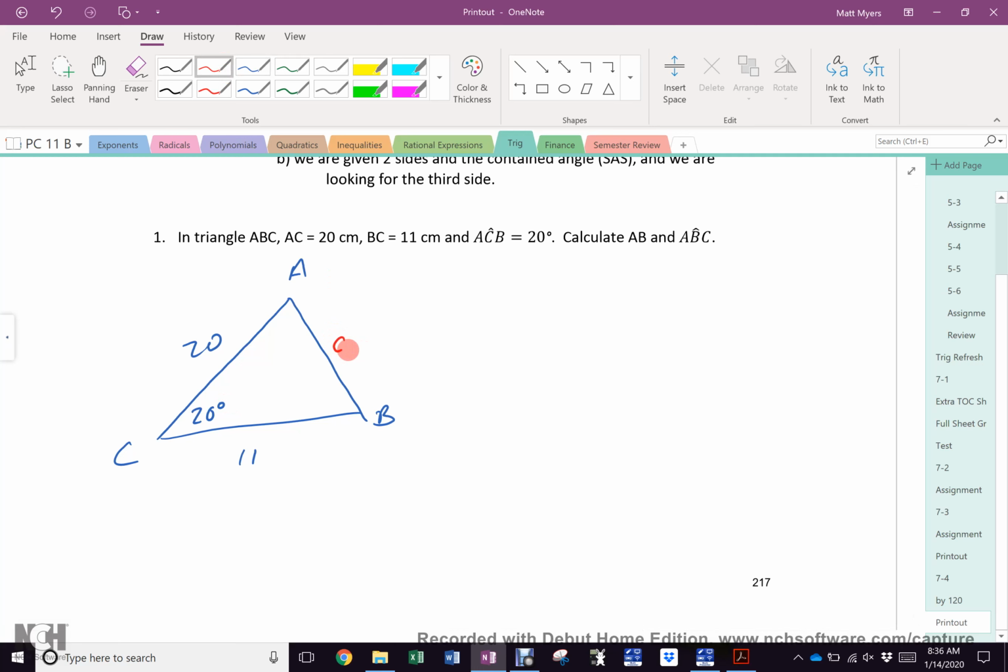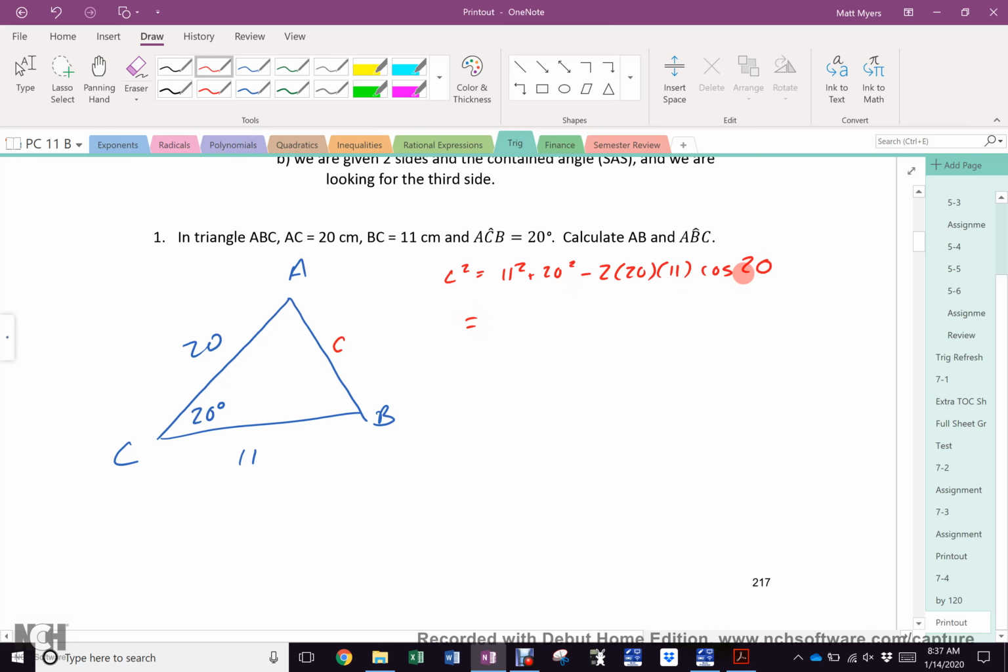Again, this isn't difficult, but it can be a bit of a pain to get on your calculator, okay? So, show it. C squared equals 11 squared plus 20 squared minus 2 times 20 times 11 times cos 20. Right? Now listen to me, if you're not super hot with your calculator, then you should do this in stages. But let's see if you're super hot with your calculator. Everybody try to punch this in, all right?